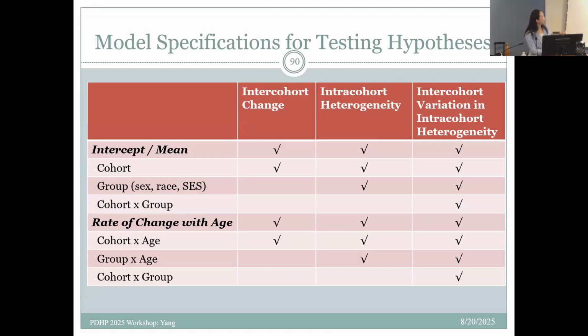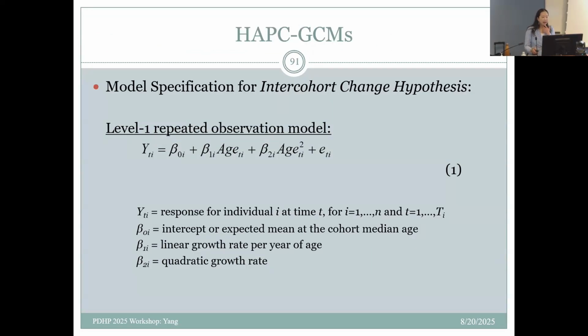Finally, for the intercohort variation in intracohort heterogeneity, you add in the final model the cohort by group interactions to both the model for mean and the model for linear rate of change.